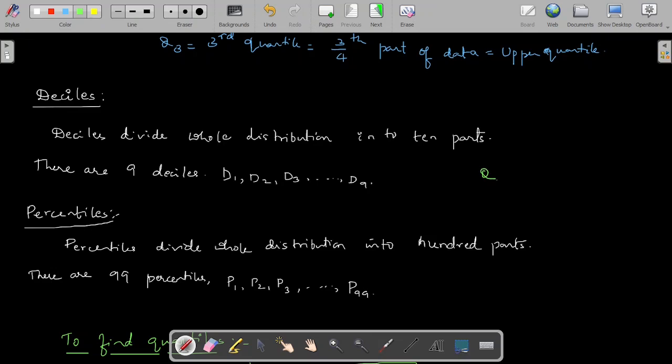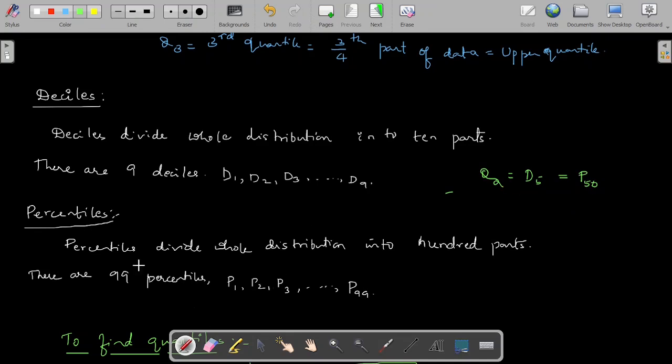Q2 divides the whole distribution into two parts and represents 50% of the data. D1 means 10% of the data, D2 20%, D3 30%, like that. Therefore, D5 represents 50% of the data, the same as Q2. Then P50 represents 50% of the data, the same as Q2 and D5.